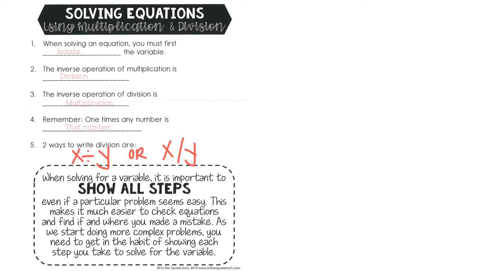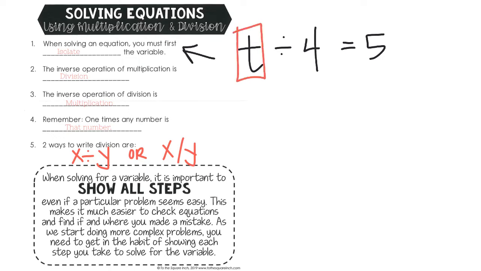So notes today: when solving an equation, you must first isolate the variable. And remember, isolate from yesterday means just get it by itself. We want that variable, in other words, the letter. So let's say our example is t divided by 4 equals, I don't know, 5. When we want to isolate the variable, we want to get t all by itself.